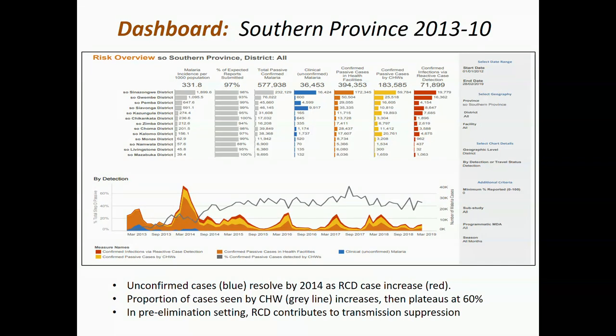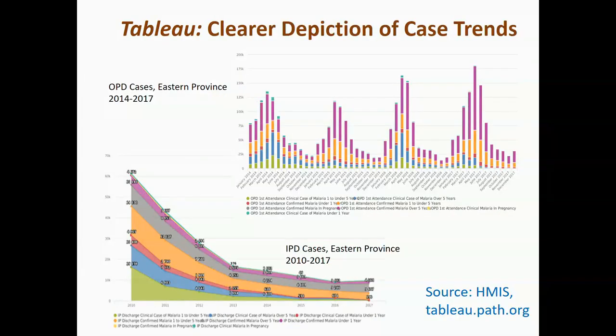In addition to that, I'd like to draw your attention to the blue part over there, which represents clinical cases. As you can see, over time the clinical cases have severely reduced, and now we are more confident that the picture we're seeing with regard to malaria transmission is a true one, because it's associated with a confirmatory test. With these visualizations, we get better interpretation of the data.